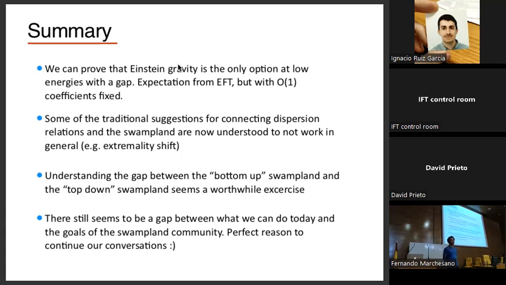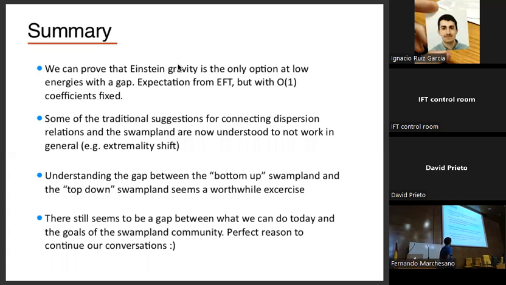That is the answer to one of the questions I had at the beginning. But now we know the order 1 coefficients. I also explained that some of the traditional suggestions of how to connect positivity bounds and some Swampland conditions are now understood to not quite work because of precise physical reasons that have to do with the fact that gravity is attractive and that it dominates at high energies.